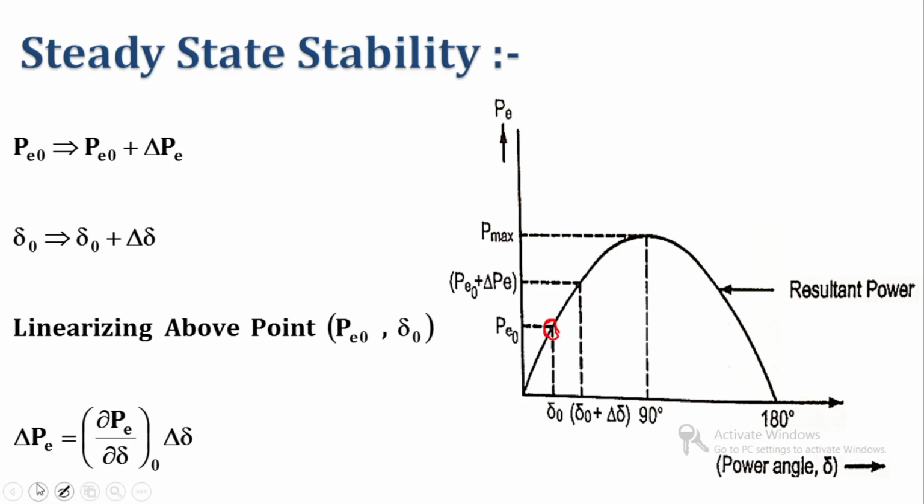So this is the increment in power, and due to that increment in power, the angle will change, and this change in angle is proportional to the change in power with respect to the change in delta. So for that I can write delta Pe is equal to del Pe by del delta multiplied by delta delta.